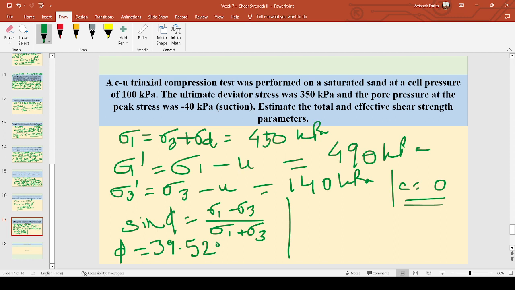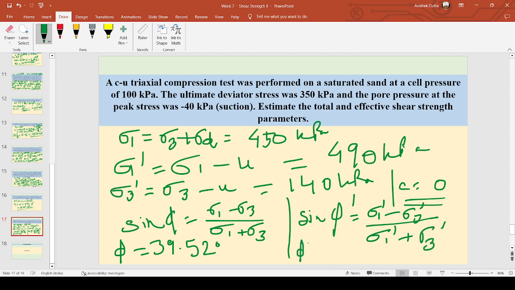For the effective parameters, sin phi dash equals sigma 1 dash minus sigma 3 dash divided by sigma 1 dash plus sigma 3 dash. From here the value of phi dash also we can obtain. Sigma 1 dash is 490, sigma 3 dash is 140.